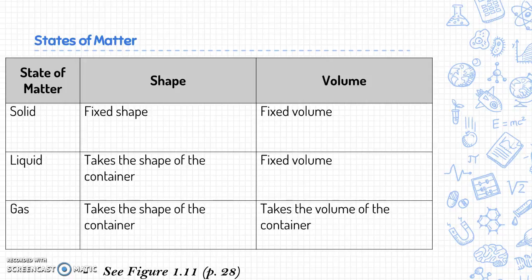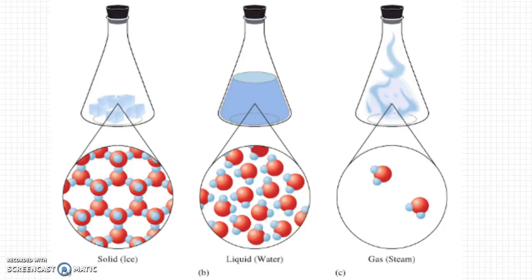Figure 1.11 looks something like this, where it's just showing the differences in the three states of matter: solid, liquid, and gas in the case of water. This is the macroscopic view. You can certainly visualize that. This is the microscopic view, or the molecular view.